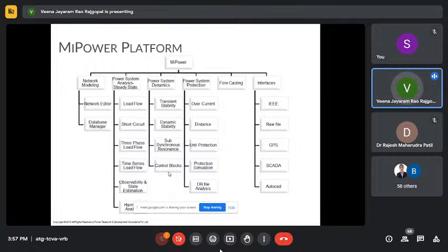When you open the software, you will not get a classification list like this, but to understand better and put things in the proper perspective, I've put it under different heads here. As you all know, there are many harmonic sources in the system.